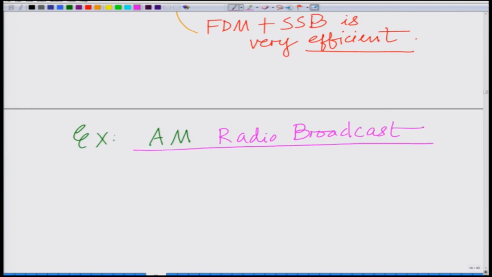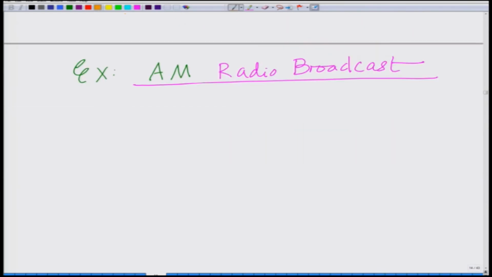In AM radio broadcast, we have carriers in the 540 kilohertz to 1600 kilohertz band.